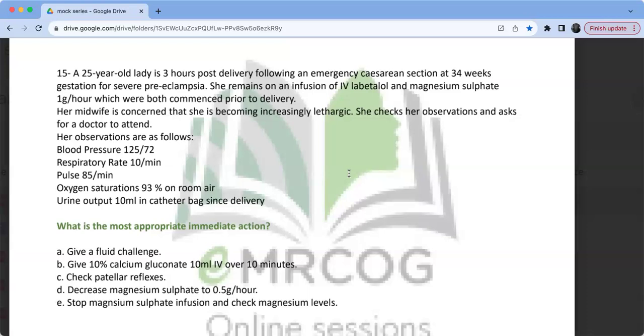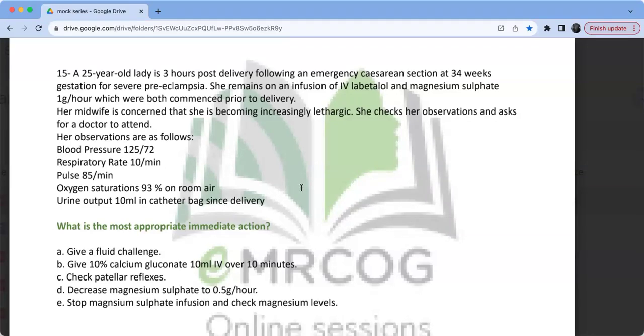So the patient received magnesium sulfate in addition to the labetalol post-surgery. Now she is 3 hours out and she only passed 10 ml. Her respiratory rate is only 10 per minute, and even her oxygen saturation is 93. So what is this?